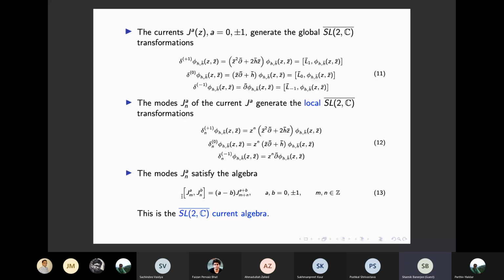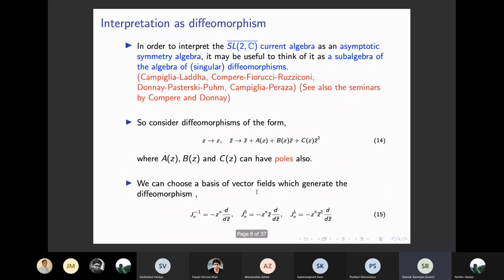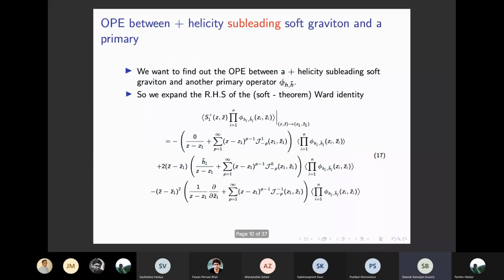So this is one way of thinking of this SL2C bar algebra as an asymptotic symmetry algebra.